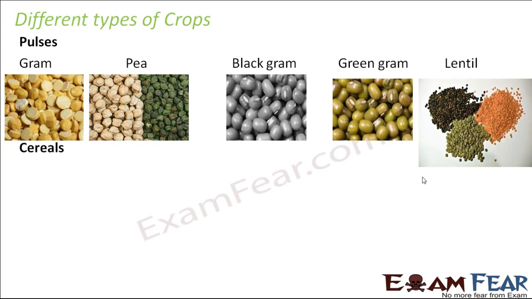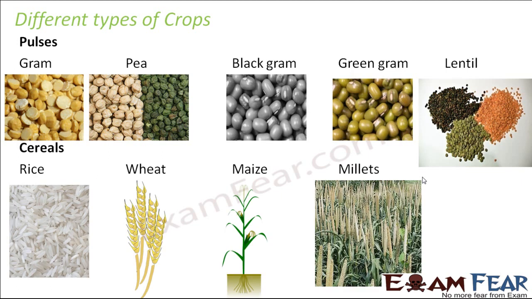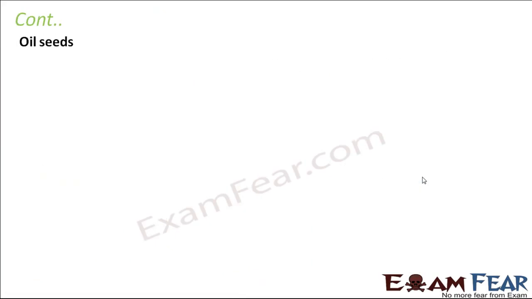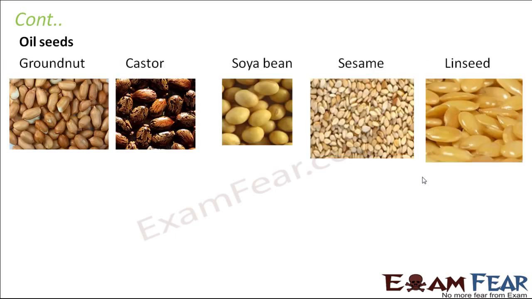We have cereals like wheat, rice, maize and millets. These are all cereals, and here you can see some samples of them. We again have oil seeds, which are also a good source of proteins, for example groundnut, castor, soya bean, sesame and linseed. Why are they called oil seeds?